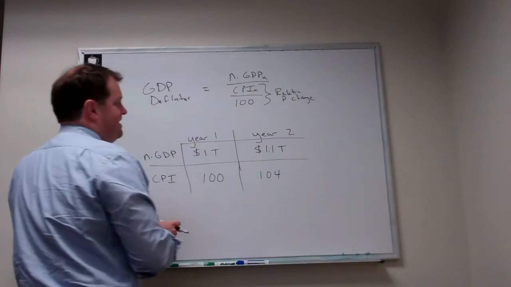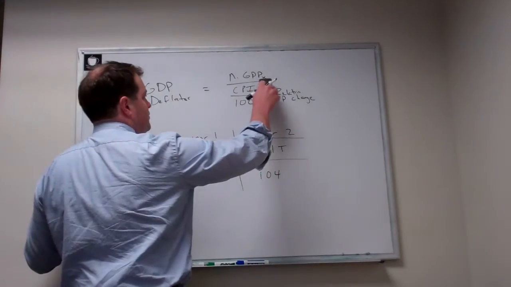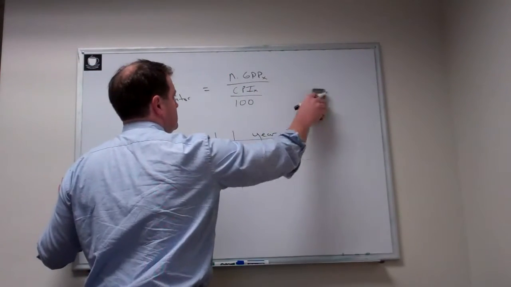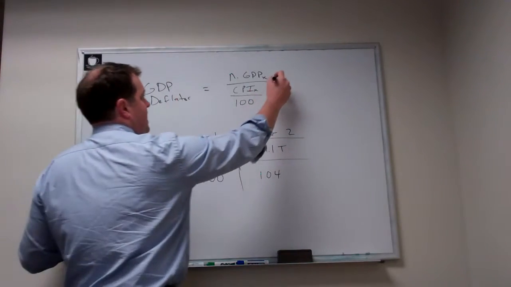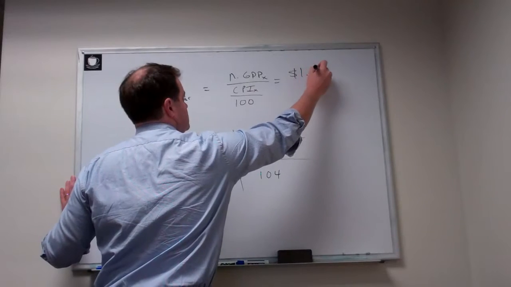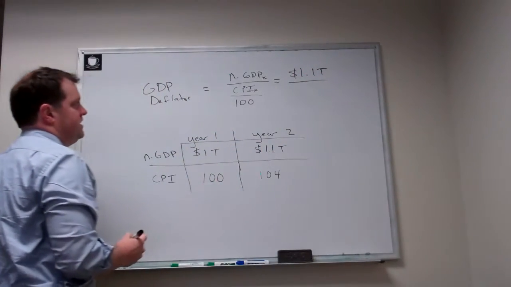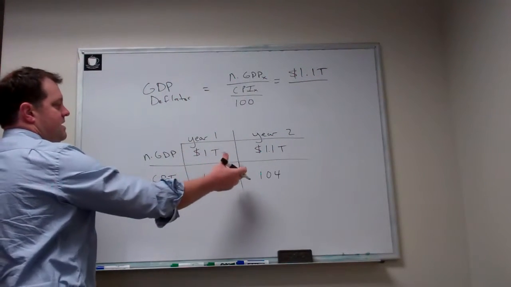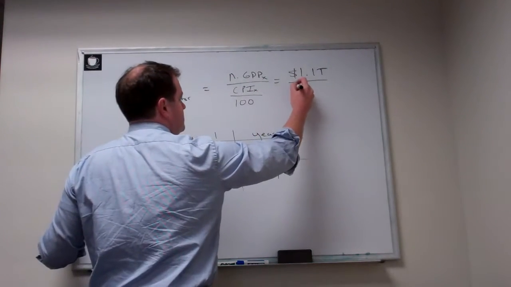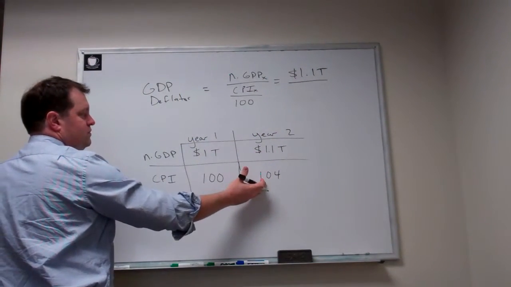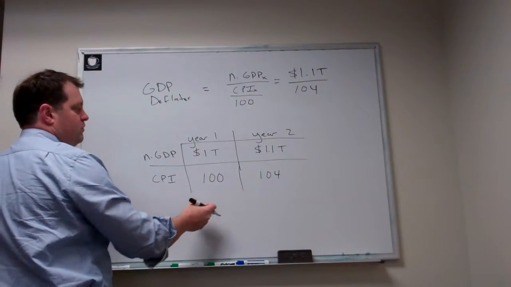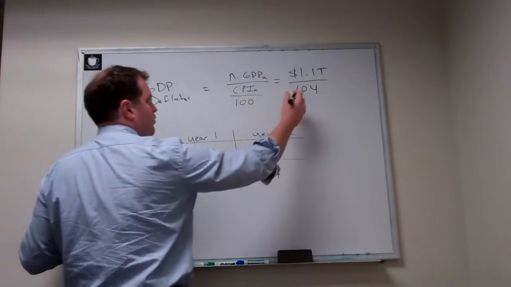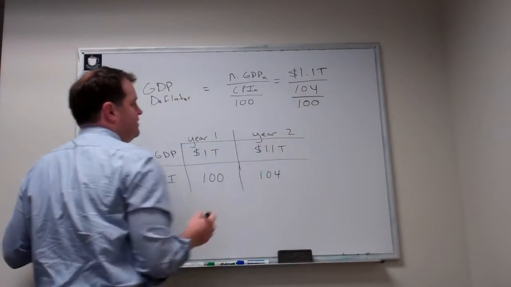So, given the data that we've got with regards to this economy, we can substitute 1.1 trillion in for the nominal GDP, and then for the CPI value, the CPI in year 2, which is the year that we want to deflate, in essence we want to translate into that year 1 price value.